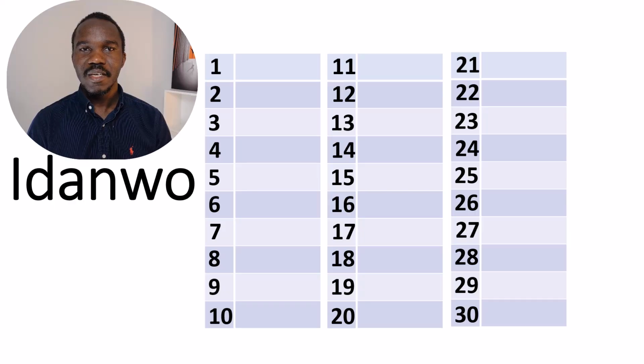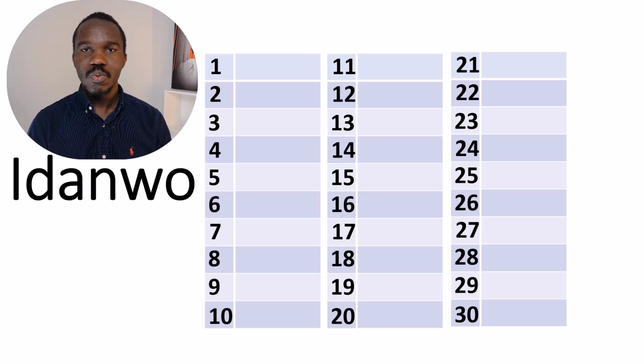Twenty-six says o. Twenty-seven says si. Twenty-eight says u.